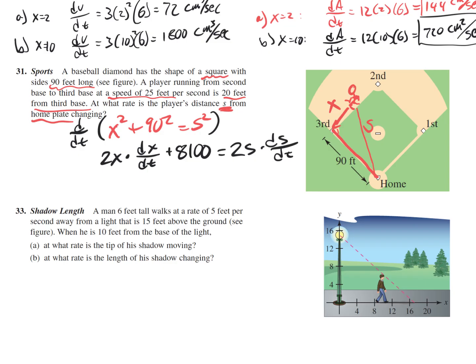Great. Now let's look at what we're looking for here. We know that he's running at a speed of 25 feet per second. So that's going to be dx/dt is 25 feet per second. We also know that he's 20 feet from third base at the moment that this is happening, 20 feet.